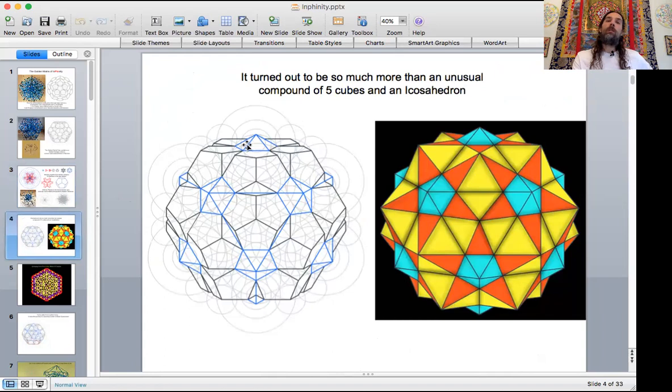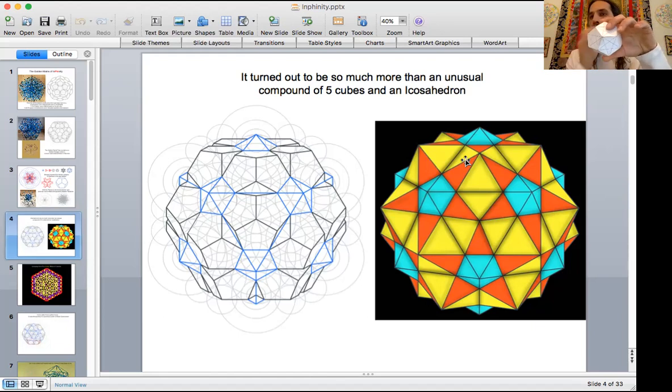A while back, I discovered this form, and I just knew there was something more to it, because I started to see that these were icosahedrons by themselves, but this is a 5-cube compound. And as I've often said, in every dodecahedron there are 5 cubes, really common knowledge.